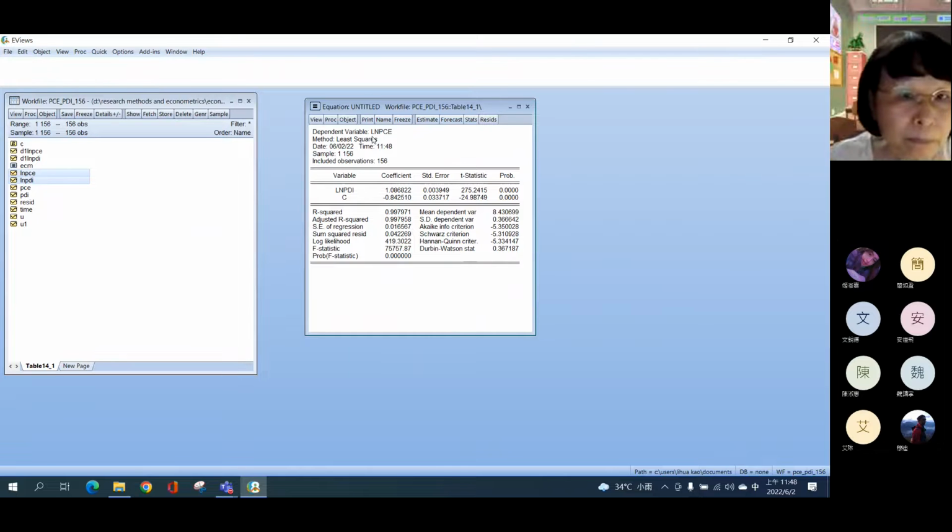First of all, now we know that LMPCE and LMPDI are non-stationary. So maybe this regression is spurious.